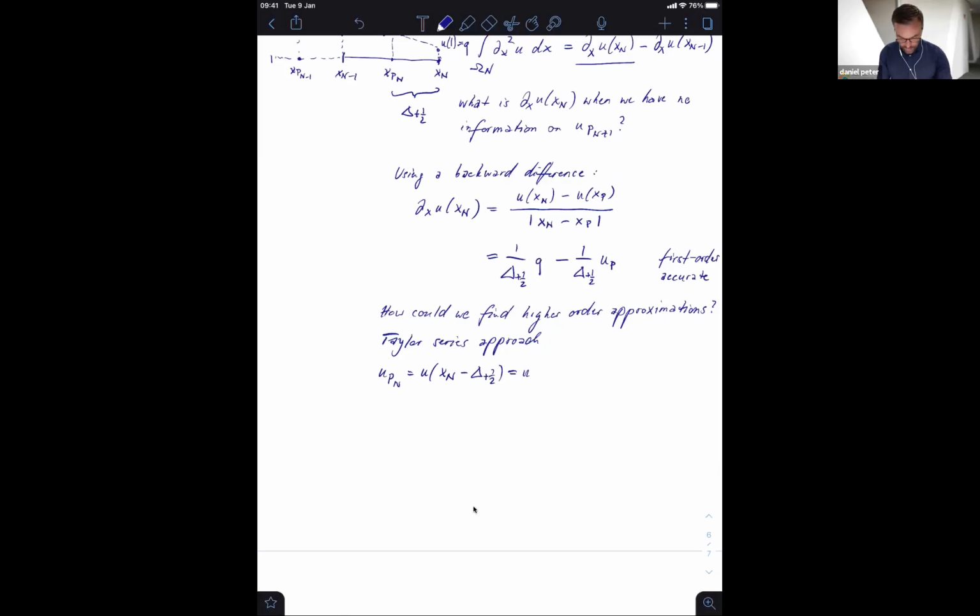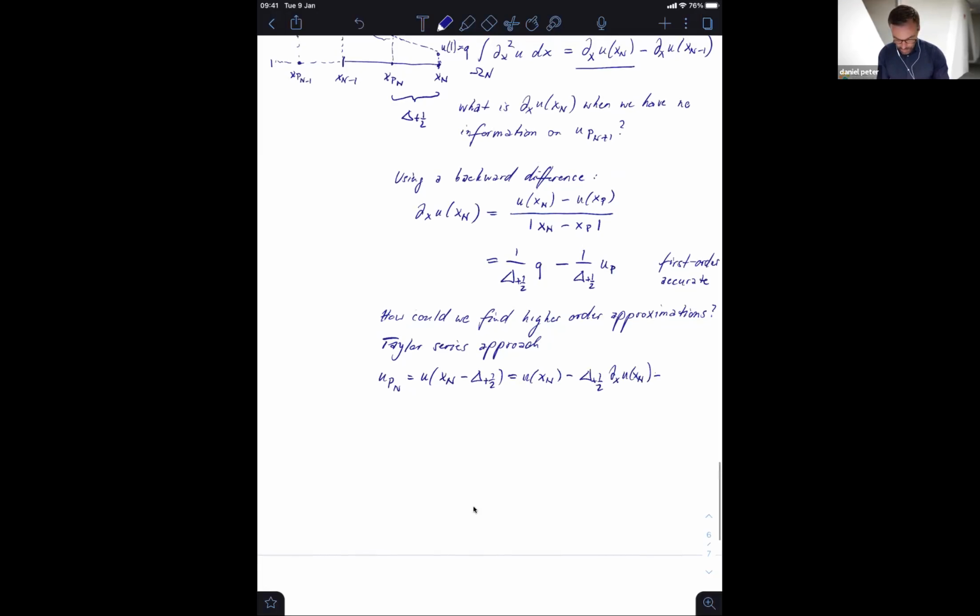So then the Taylor series is U at Xn minus this delta plus 1/2 times the derivative of U at Xn, plus 1/2 the delta squared times the second order derivative of U at Xn, plus additional terms, etc.